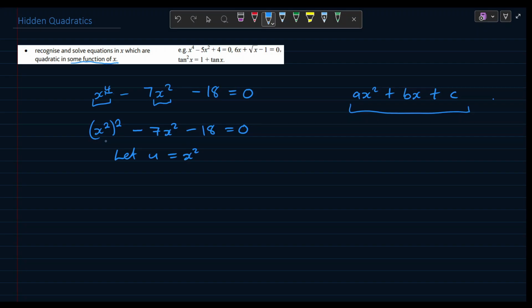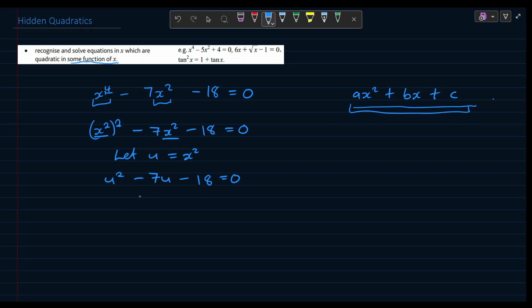Where there's an x squared, we replace it with u. So this becomes u squared minus 7u minus 18 is equal to 0. Now you can see that this is in fact a quadratic.